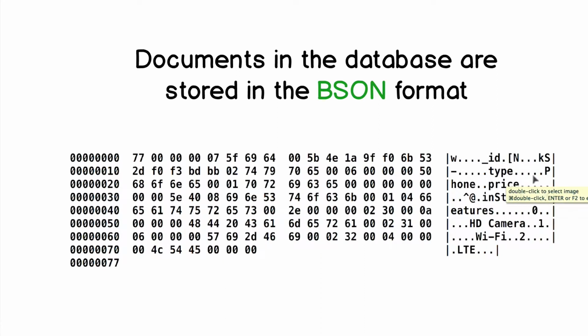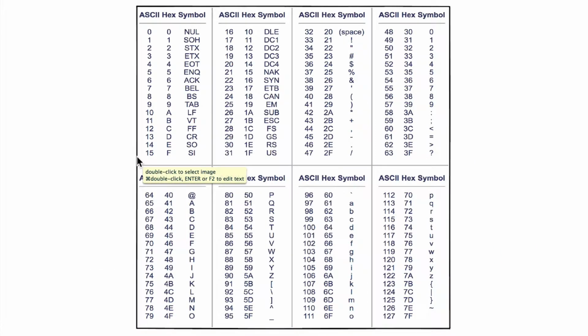But you see dots as well. In fact, the document is stored in binary format. And here you see a representation of this data in ASCII codes. And each ASCII code is represented as a pair of hexadecimal numbers. For example, here you see a table with different symbols and their representations in hexadecimal format.